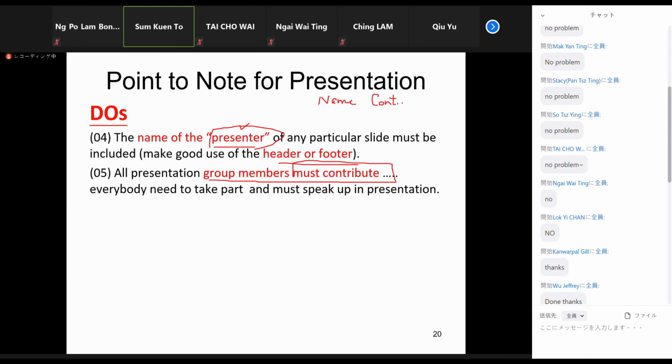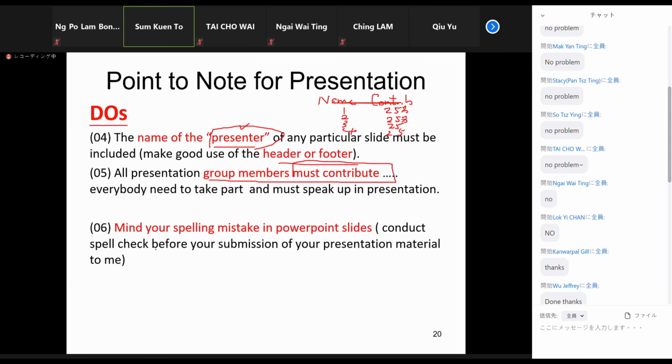Okay, so if you have 4 persons, I expect you will say 25%, 25%, making up a total of 100%. So if you have 4 students, and in case there is a free rider, a lower mark will be given. Okay, suppose one quarter each. And also mind your spelling in the PowerPoint slide.